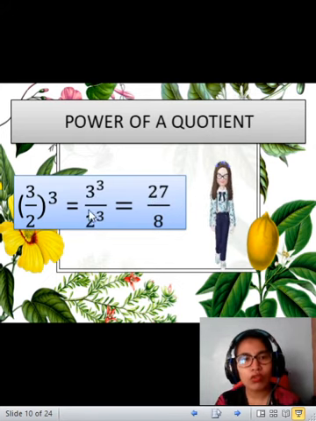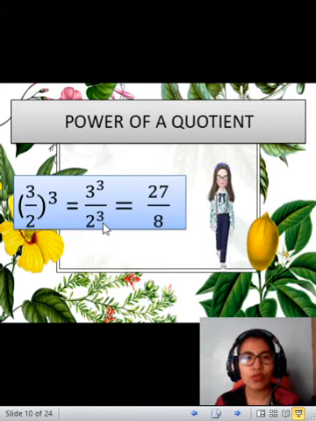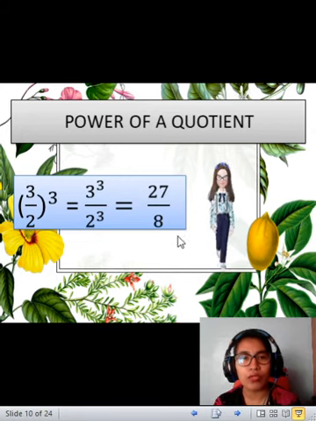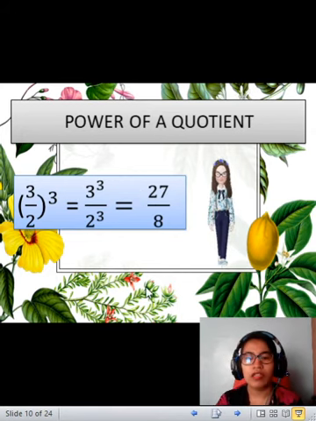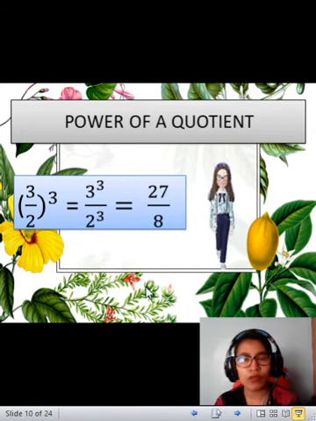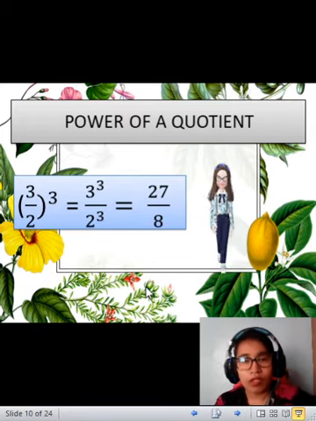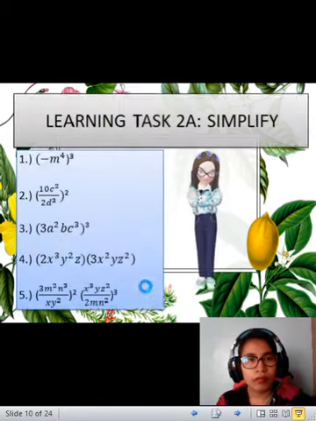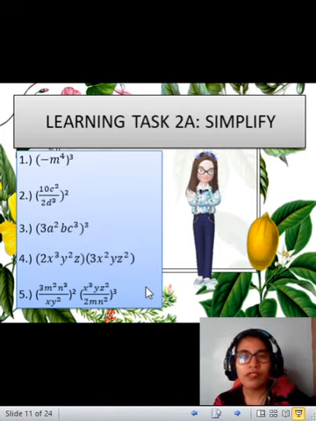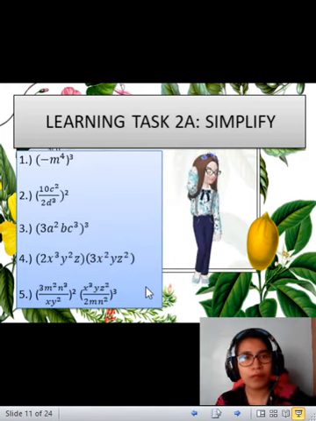And 2 cubed is again 2 times 2 times 2, which will give you 8. So your final answer will be 27 over 8, and there is no simpler form of that. So that's our laws of exponents.